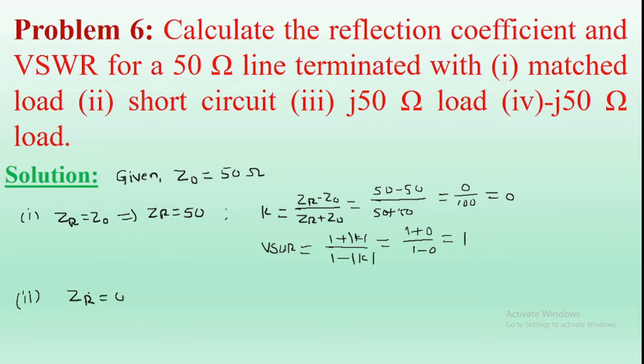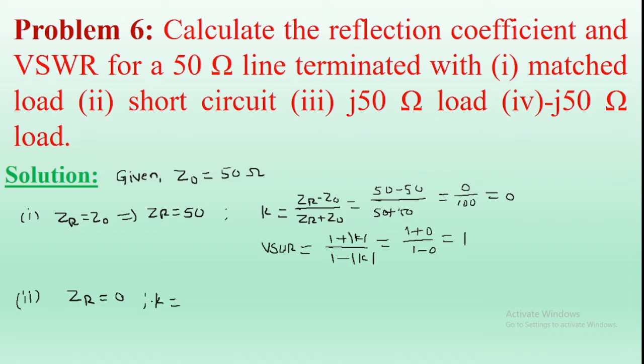The end of the transmission line is terminated with a short circuit, the load impedance ZR is equal to 0. And calculate the reflection coefficient value and standing wave ratio value. We know that the reflection coefficient K is equal to ZR minus Z0 by ZR plus Z0.